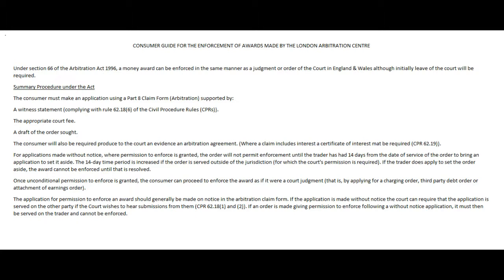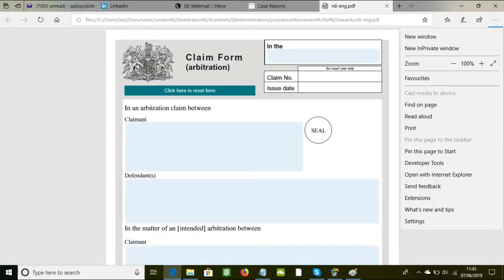Basically, this involves the consumer making an application to the court using a specific type of claim form, which is called a Part 8 claim form (arbitration).